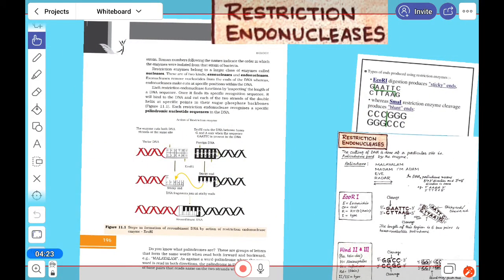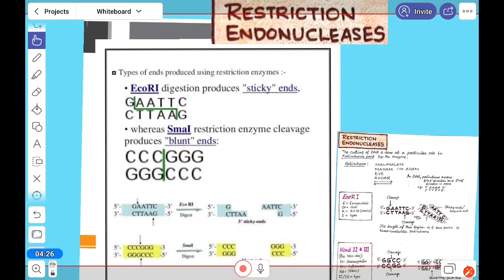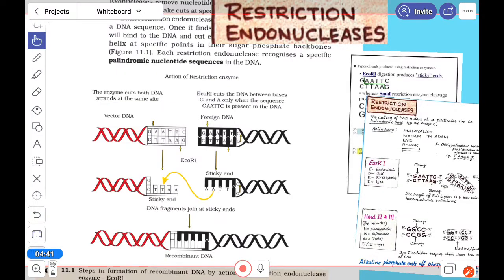If we see the same thing here, the first is the sticky end. This is the sticky end conformation, so cutting as this, and the blunt end, which comes straight. Okay. Look here. Here is a vector DNA, and here is a foreign DNA.